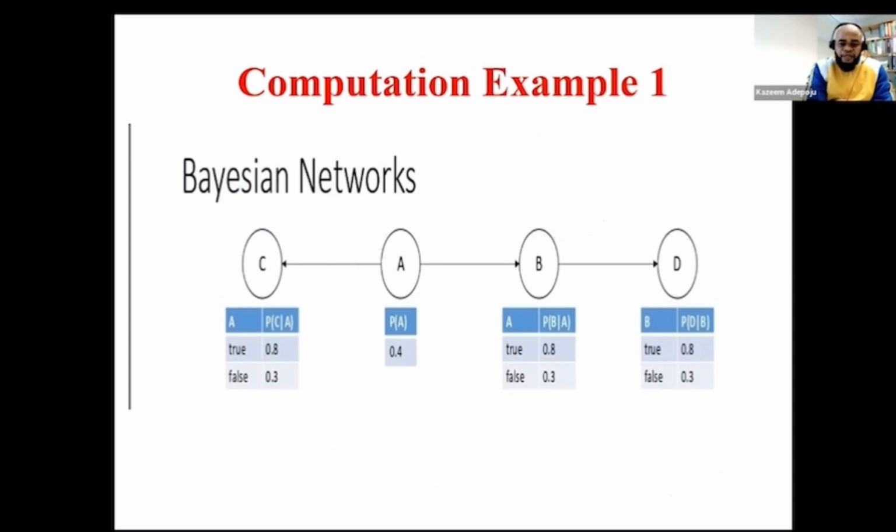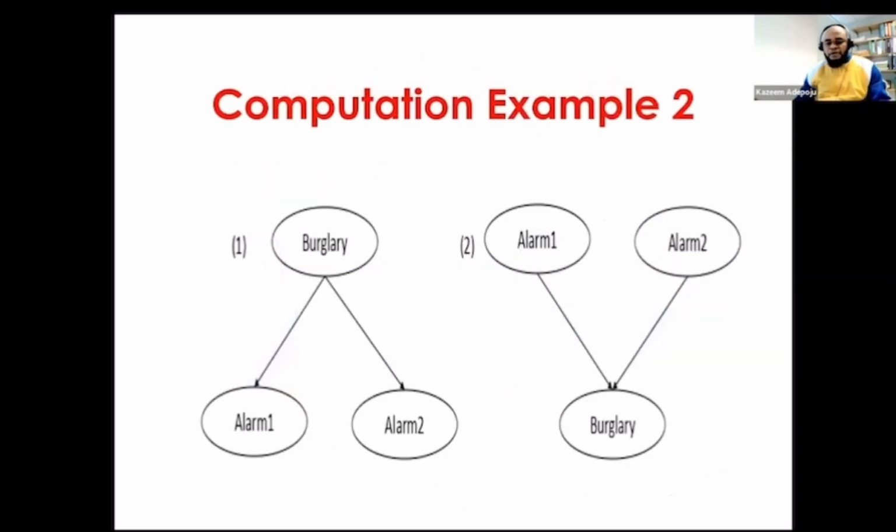Now in question 2, you have two alarm systems, alarm 1, alarm 2, and of course burglary. If you look at the two networks here, in this one alarm 1 and alarm 2 are independent. There's no connection between them, and the burglary depends on alarm 1 and alarm 2. But right here, we're going to say that alarm depends on burglary.